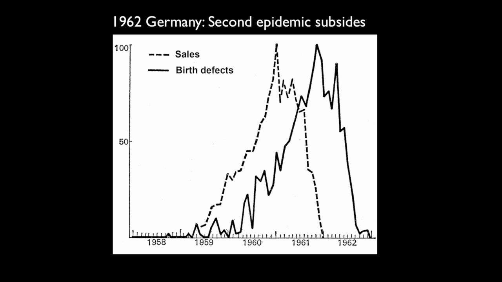The next slide shows a graph drawn by Lenz of the subsidence of the second thalidomide epidemic. 8 months later, after the detection and the withdrawal from the market, the epidemic of birth defects ceased in those countries.